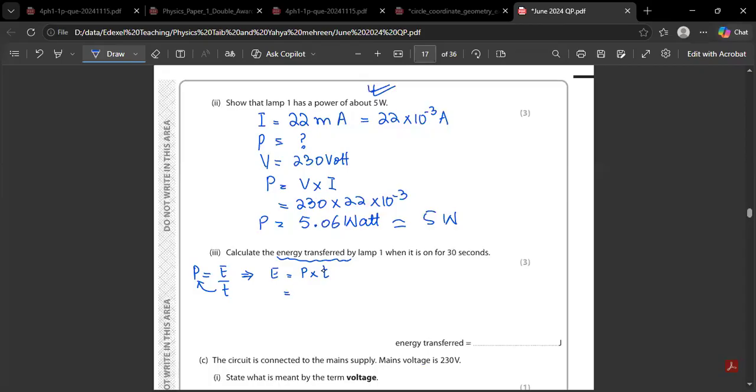So what is power here? 5.06 times time, which is 30 seconds. So 5.06 times 30.